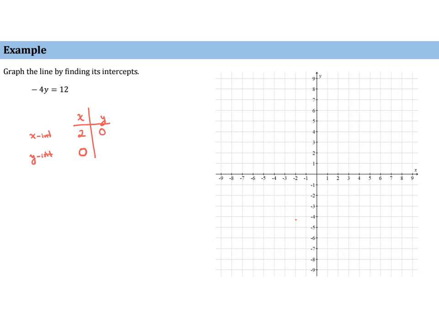That means that y would have to equal negative 3. So (2, 0) is our x-intercept. Our y-intercept is (0, negative 3). And so if we draw the line through those points, we have our line, which is given by 6x minus 4y equals 12.